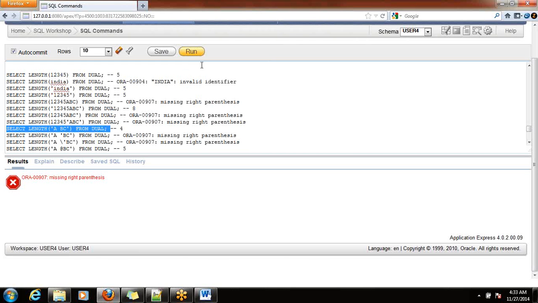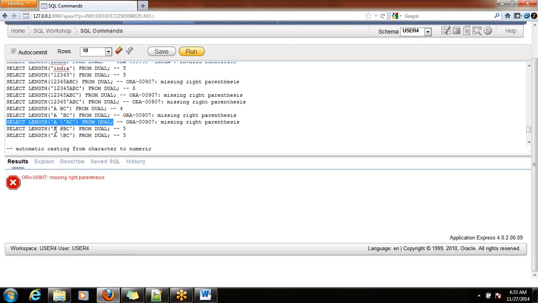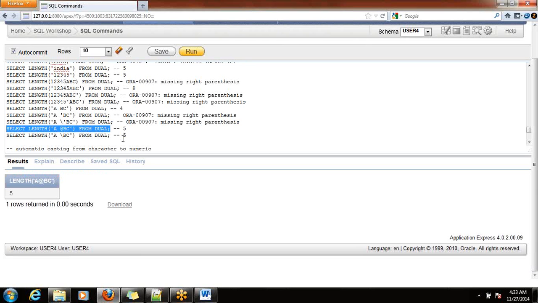Space is considered as a character, so 4. And here I gave A like this deliberately. That's incorrect. And here I gave a slash deliberately. Invalid. And I tried with special symbols also. When you put special symbols in single quotes, it is considered as a character and counted.